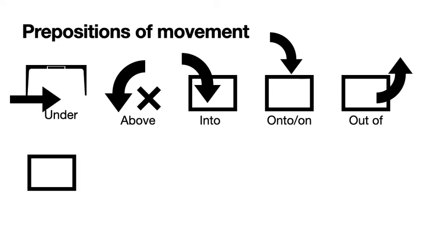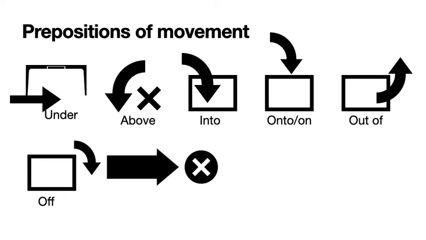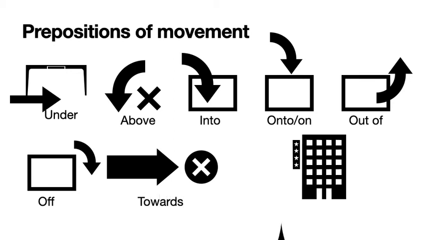And if I'm on the table and I jump, I jump off the table. Now, in a point in space, I can go towards the school, towards a person. In a building, on stairs, I go up the stairs and down the stairs.